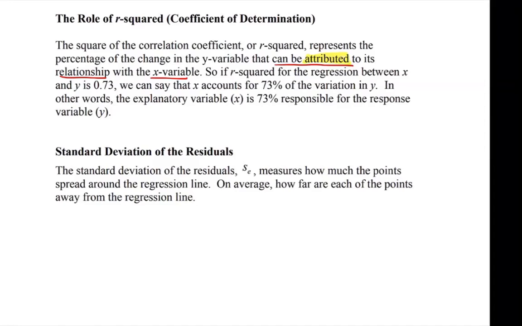Home life. If students have a stable home life where education is encouraged, that R squared is way up there. Has to be both. Stable, meaning there's not a lot of movement.